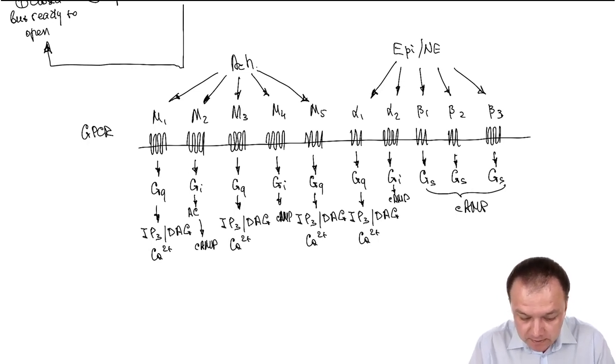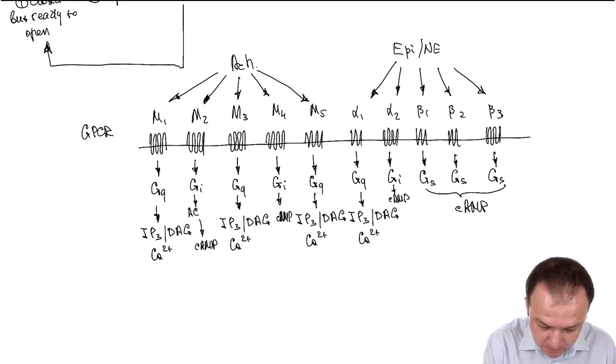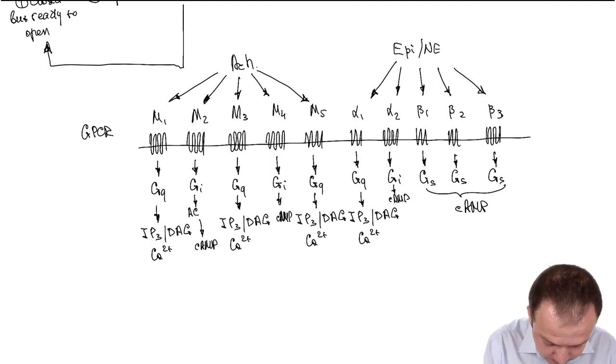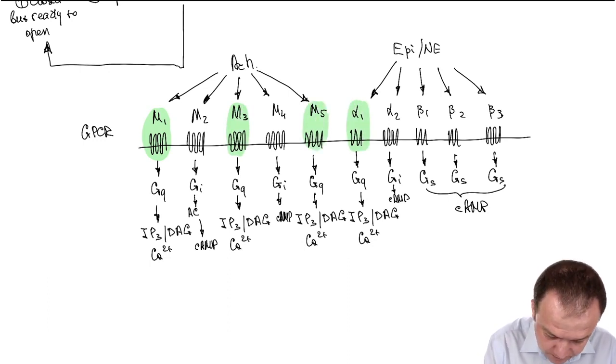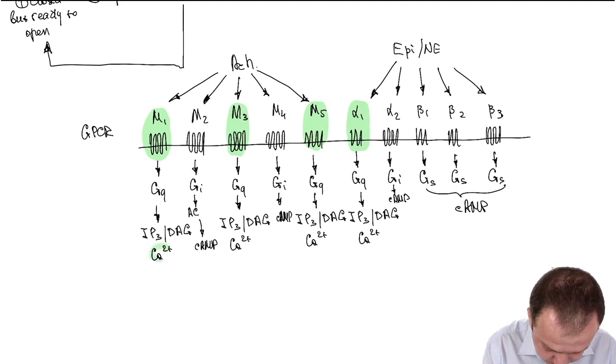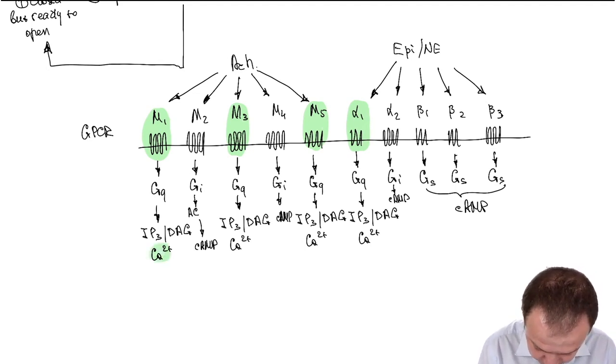Yeah, but what does it mean, and how to memorize these things? Look, M1, M3, M5 and alpha 1 receptors couple with the calcium, inositol triphosphate, diacylglycerol cascade.